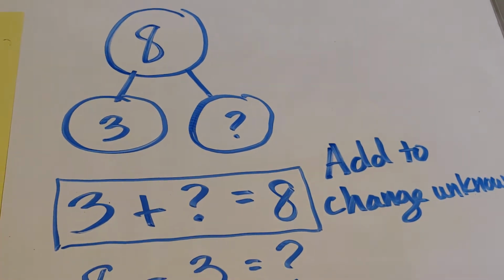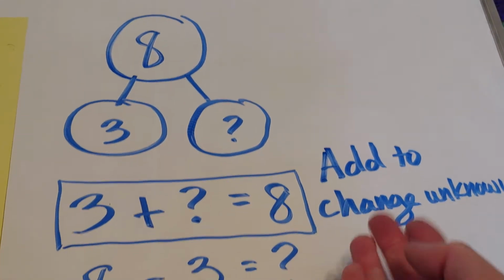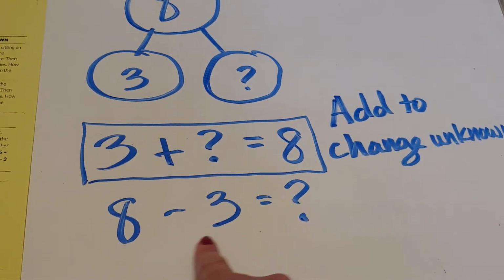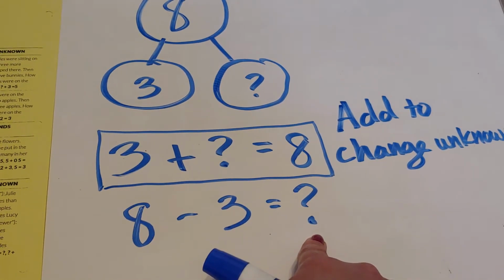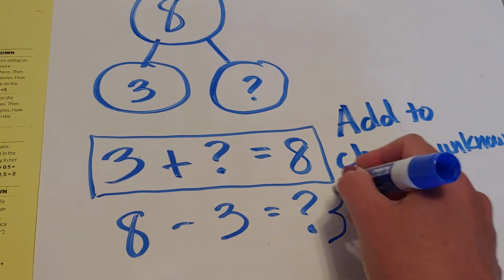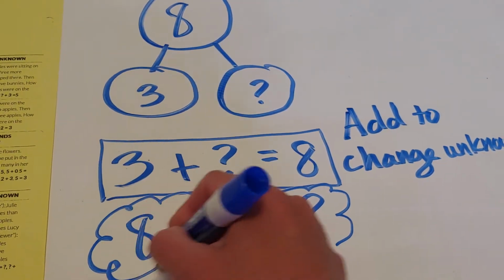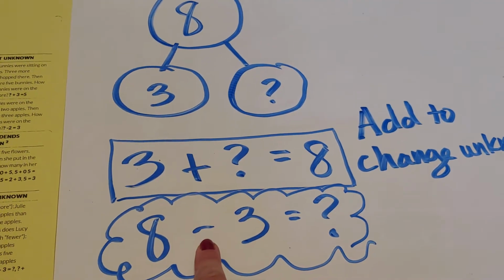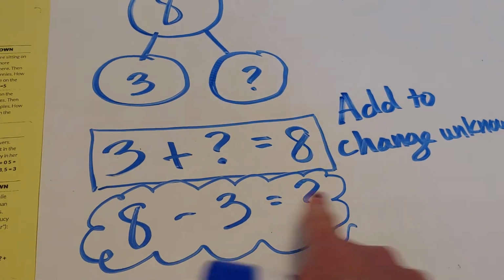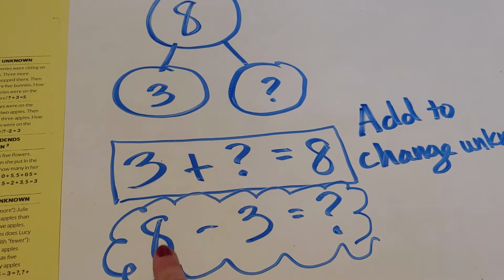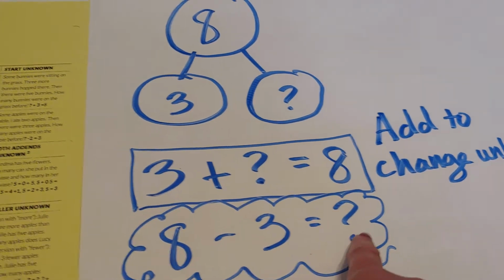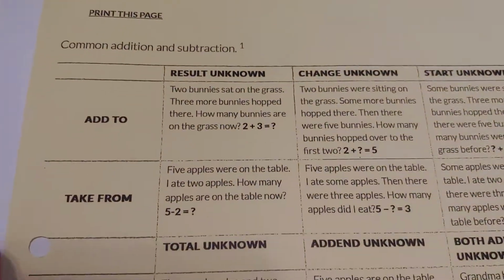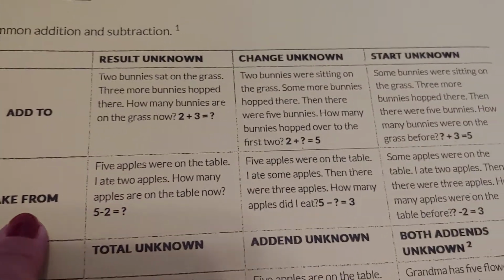However, there are actually 2 answers to this problem. If we had this as our equation or number sentence, let me go ahead and box up this guy. I'm going to look over here to see, well, what kind of word problem is this modeling? Notice I have my 2 numbers with subtraction, and I'm looking for a final answer over here. So if I go over here, take from is subtract.